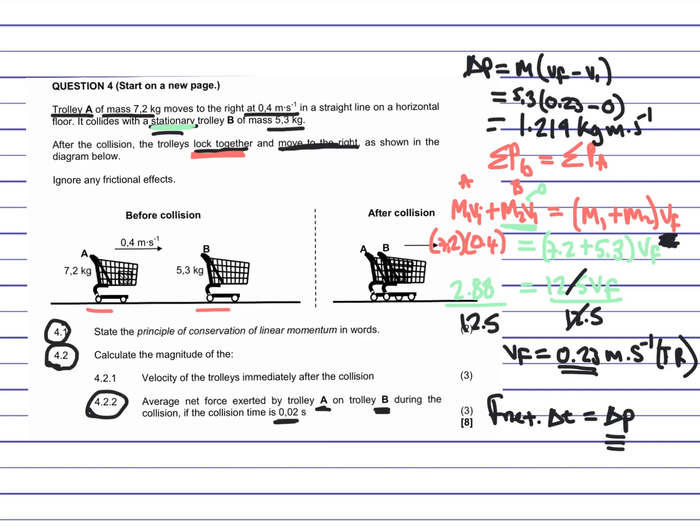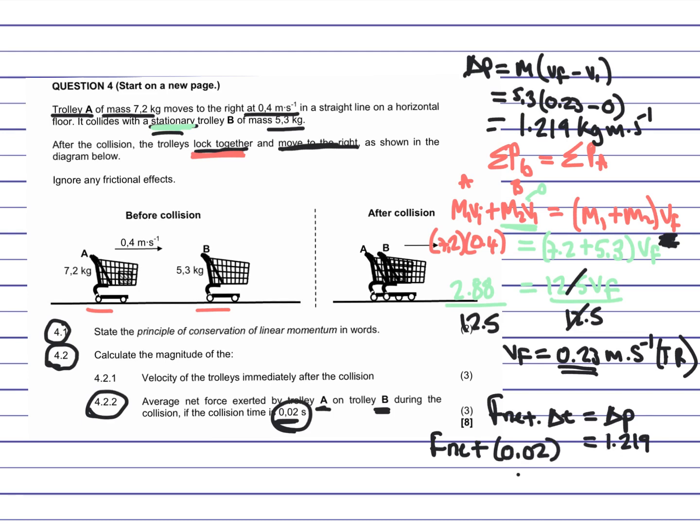Then we take that and substitute it into the equation. We have a change in momentum of 1.219, and here we are looking for the force F net. The time was given, it's 0.02.